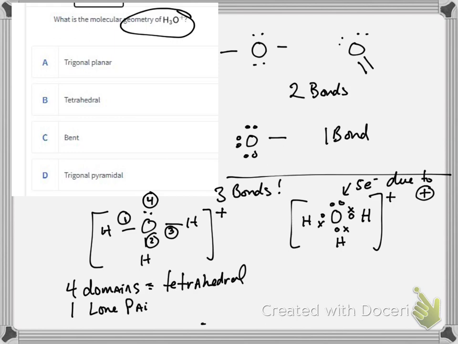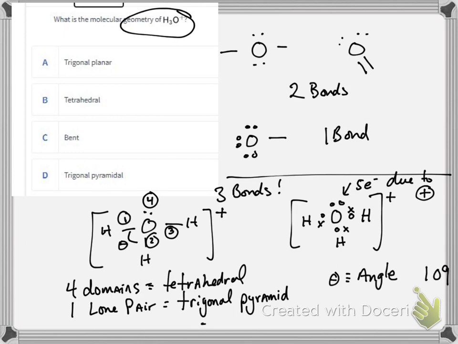But because there's 1 lone pair, or only 3 molecular domains, we're in trigonal pyramid. If we look at the angle here, because it's tetrahedral, it would be 109. But because of the lone pair, the extra electron-electron repulsion, we put a less than sign. And that would give us trigonal pyramid.